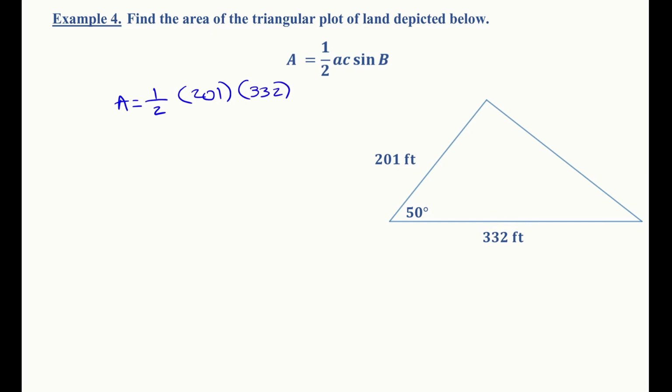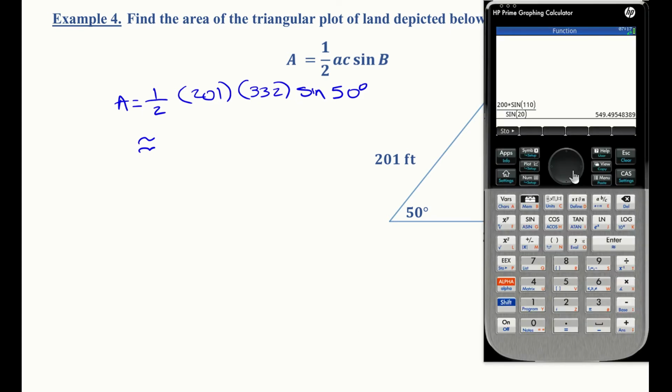Of course, those are going to be feet and feet, so you end up getting square feet, as you should expect for area. And we're going to multiply that by sine of the angle between them, which is 50 degrees. So if we work that out, we get a nice approximate value for the area of this triangle.